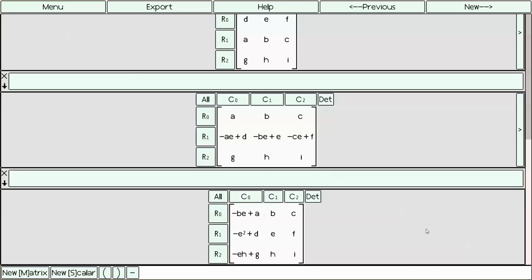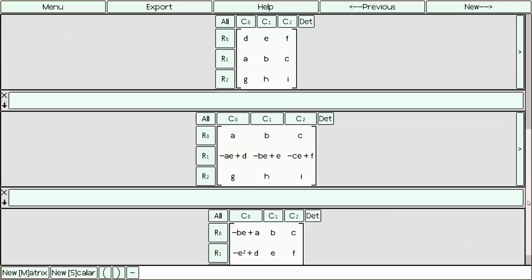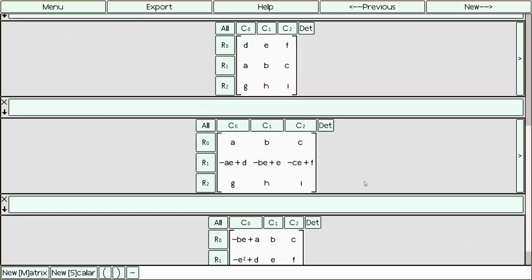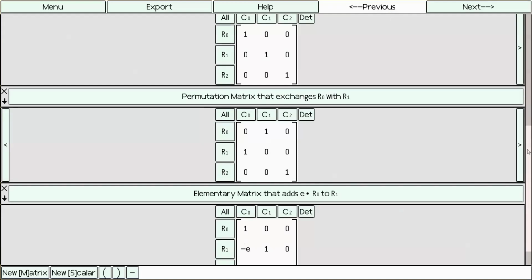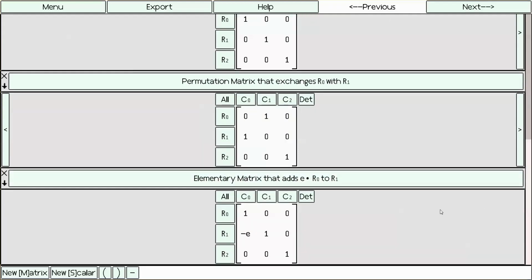That form will probably not be used in your LDU factorization. But we can chain these elementary matrices together to fully reduce any matrix that does not require a row exchange.